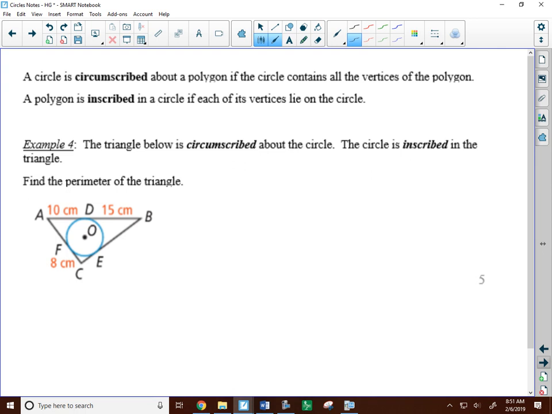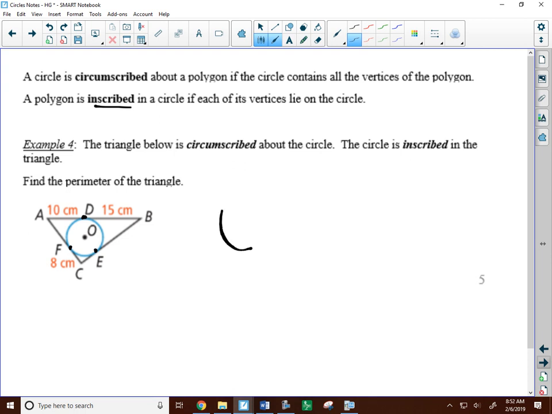The full terms: an inscribed figure is a figure inside another that touches, like tangents. A polygon is inscribed in a circle if each of its vertices lies on the circle. Or in this case, the circle is inscribed in the polygon. So it could be either direction: circle inside or circle outside.